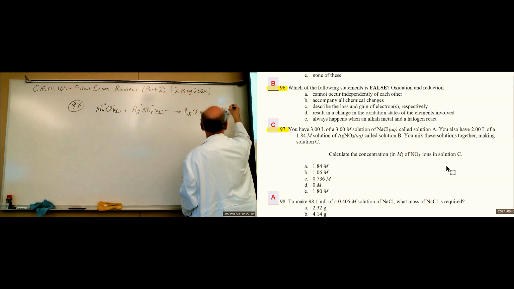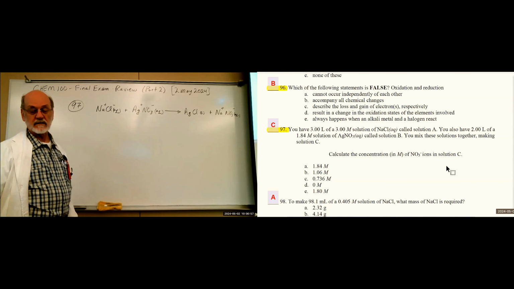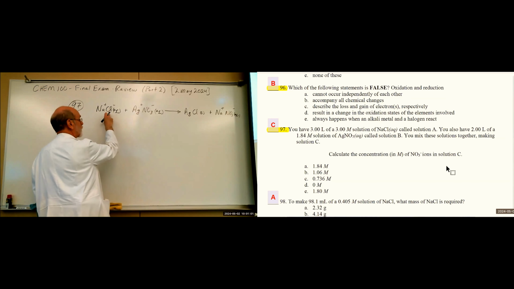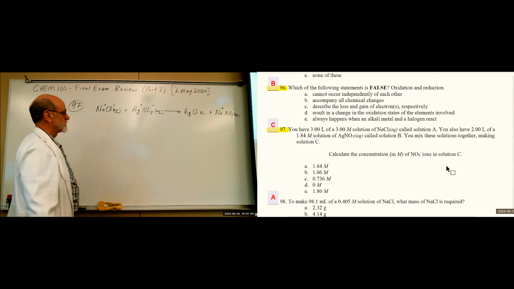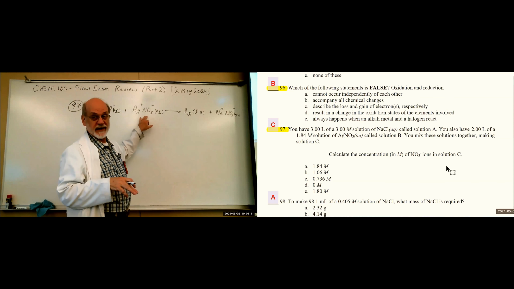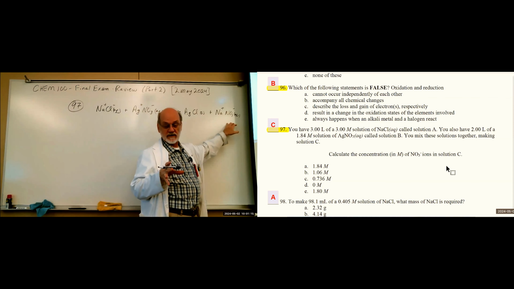These ions are still in solution. So what does that make them? That means they're spectators. They don't participate in the reaction. The reaction is actually between silver and chlorine. So if we start off with a certain amount of nitrate on this side, we're going to end up with exactly the same amount on that side, moles of.